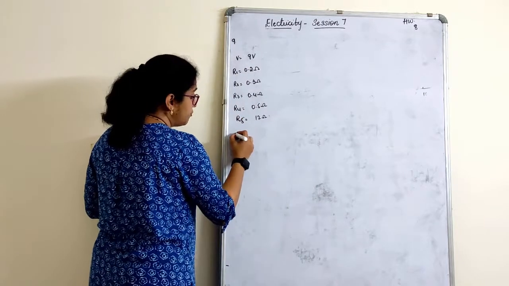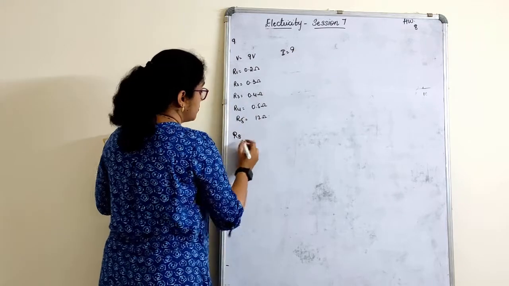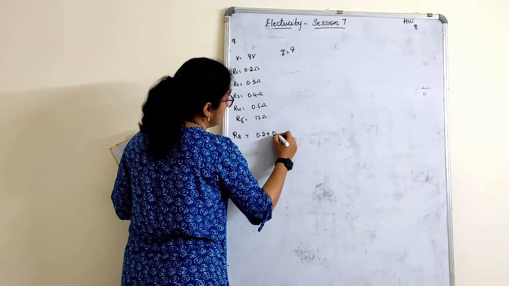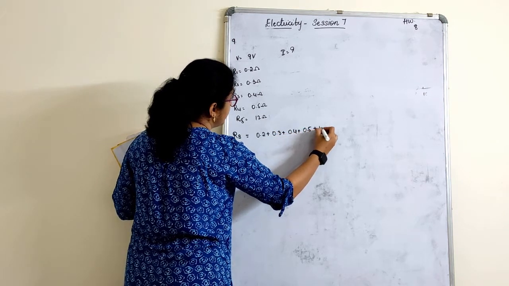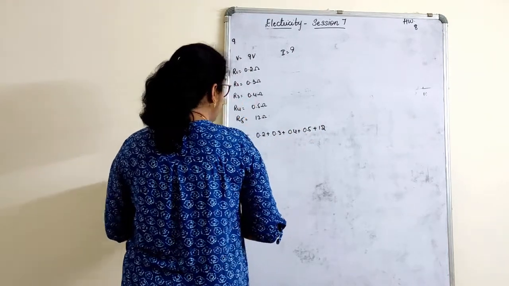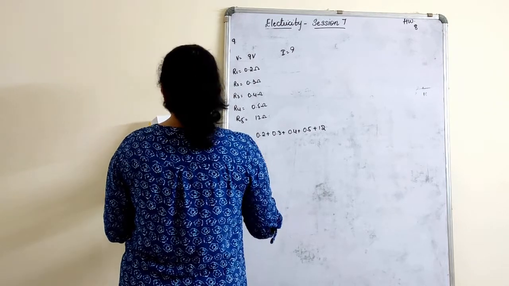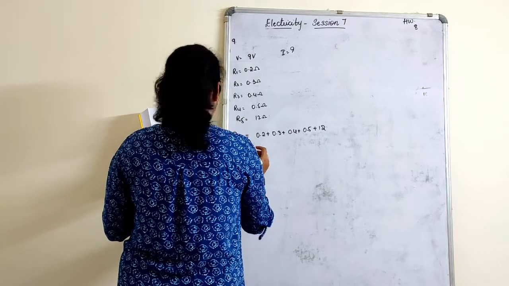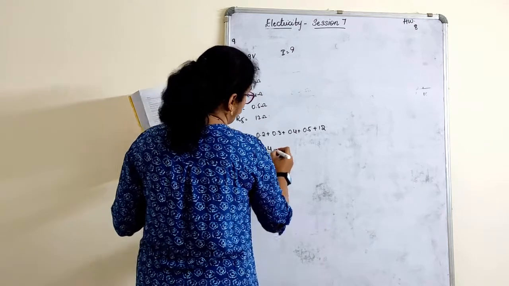That means first I have to find the equivalent resistance here. That is 0.2 plus 0.3 plus 0.4 plus 0.5 plus 12. 5, 6, 7, 8, 9, 10, 11, 12, 13, 14. So when I add this 13 plus this 12 ohms, 13.4. 0.4 what I get here is ohms.